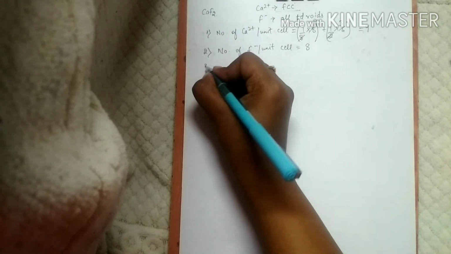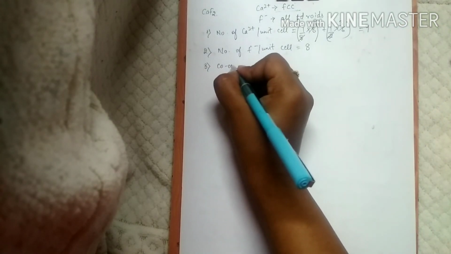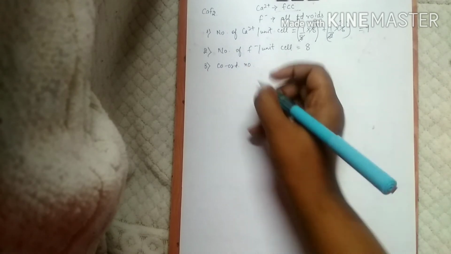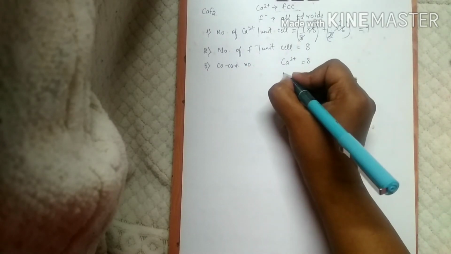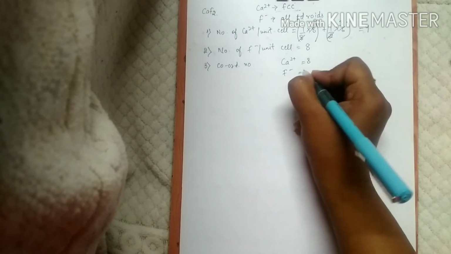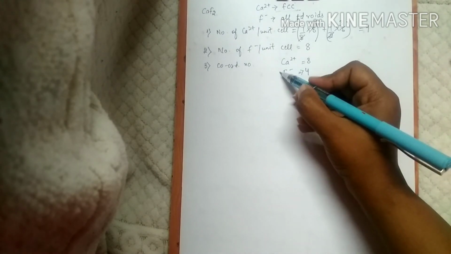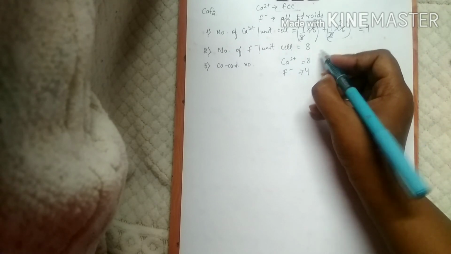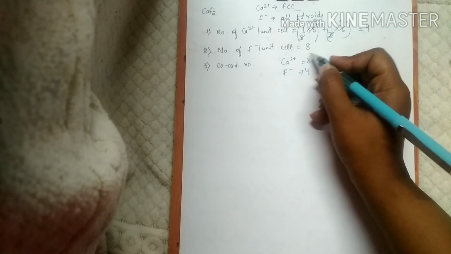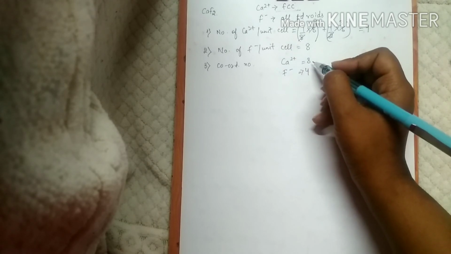Next is the coordination number. For Ca2+ it is 8. For F- it is 4, because it is present in tetrahedral voids, so definitely it is going to have coordination number 4, and because Ca2+ is occupying FCC, it is having a coordination number of 8.